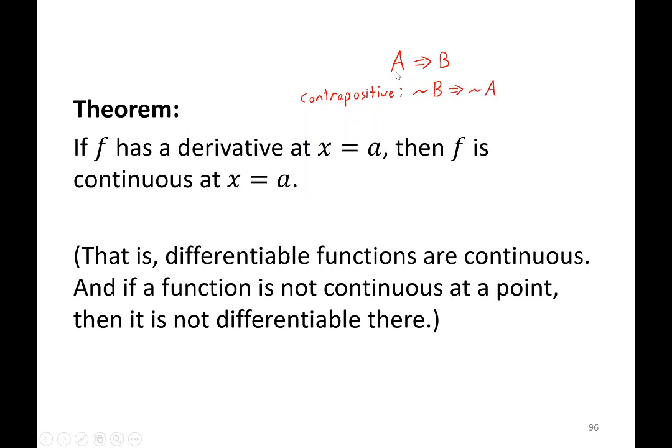A quick example of this is if it is raining, then it is wet outside. And as of this recording, it was raining and it was wet outside on the ground. The contrapositive would be if the ground is not wet, then it is not raining. And that's also true.